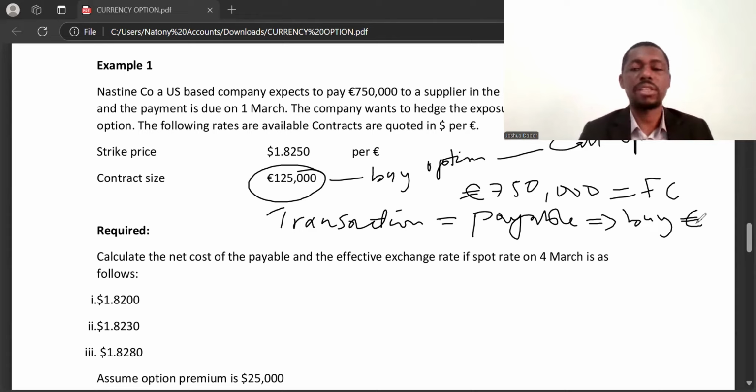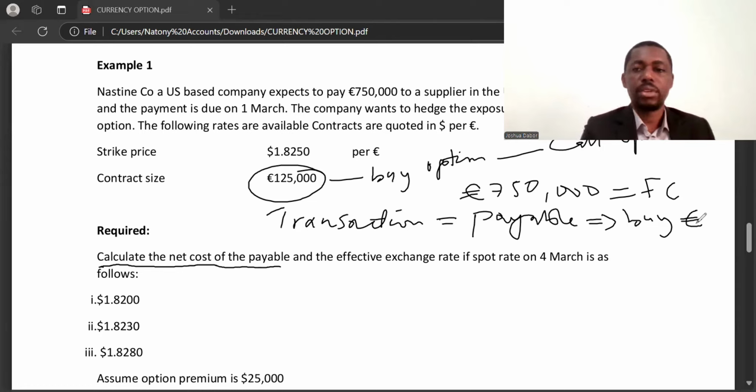Okay, that's the first step. But the requirement, that's what we are looking at now. We are asked to calculate the net costs of the payment. You know the company cannot make a loss. So if any time the company is making a loss, the company will not exercise. The company will go with the spot rates.